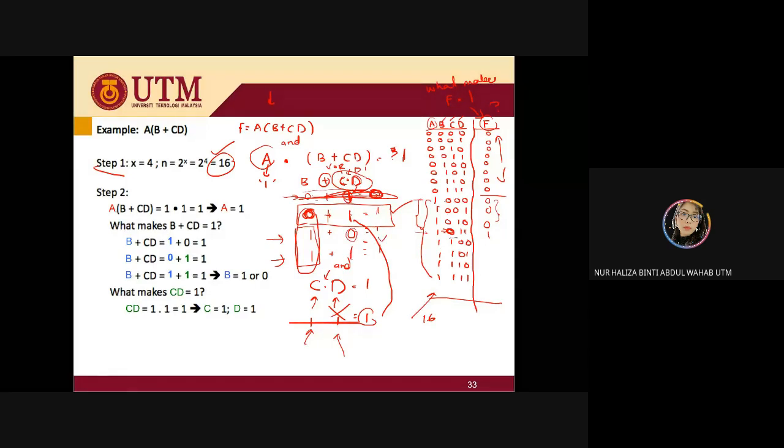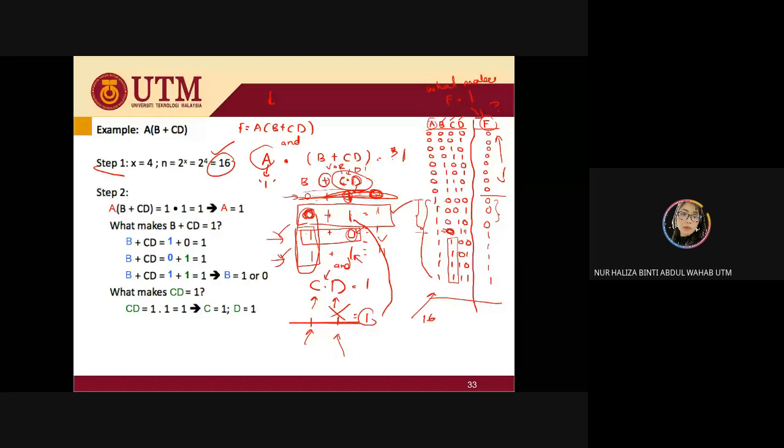That's why for B as a 1, although you have 0 or 1, you will get 1, 1, 1, 1. You can see either your input for C and D is 1 or 0, you will get 1 also. That's why you meet all these two conditions. This is your output.